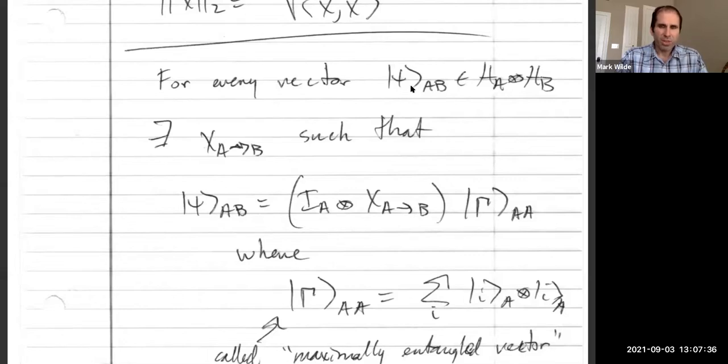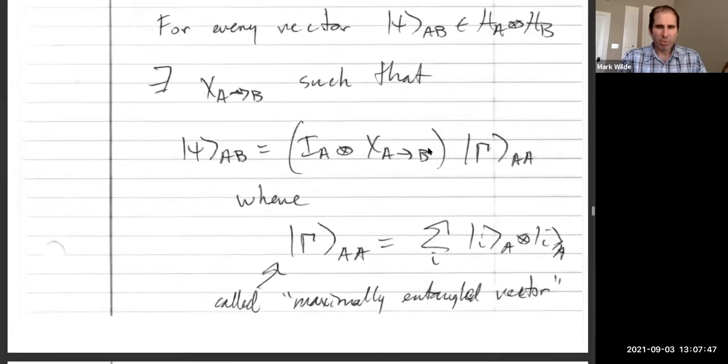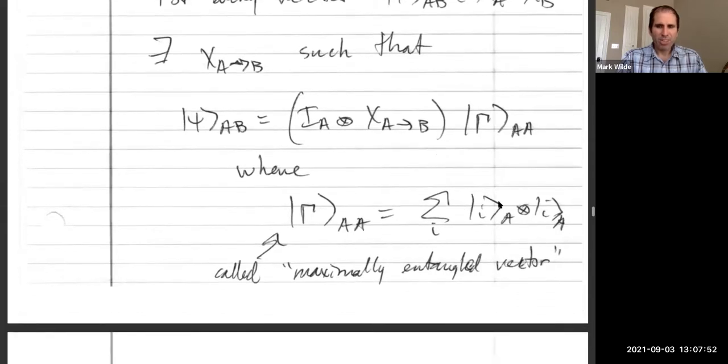Okay, so how does it work? We're saying that for every bipartite vector, you can write it in this way, where X is some operator and gamma is a special bipartite vector that we call the maximally entangled vector. Here, I'm not making a distinction in the notation of these Hilbert spaces, but you really should think of them as being different.